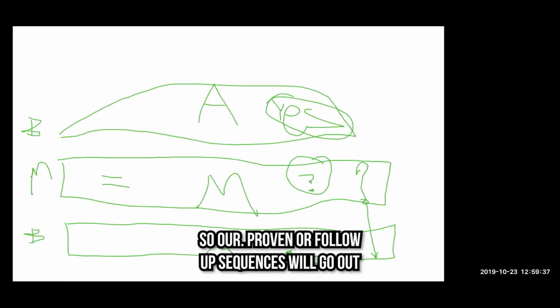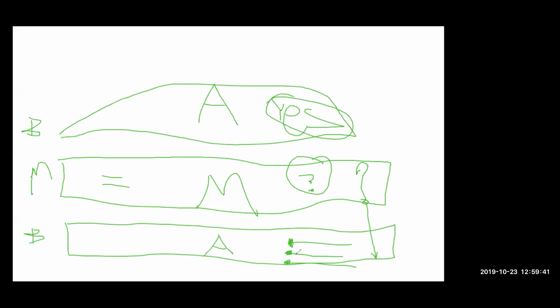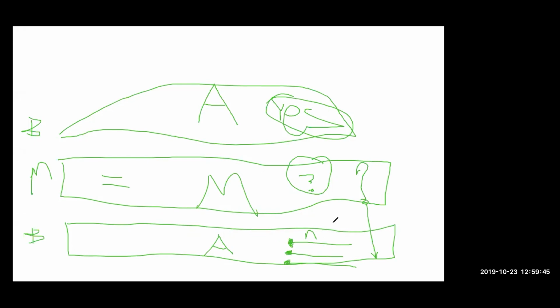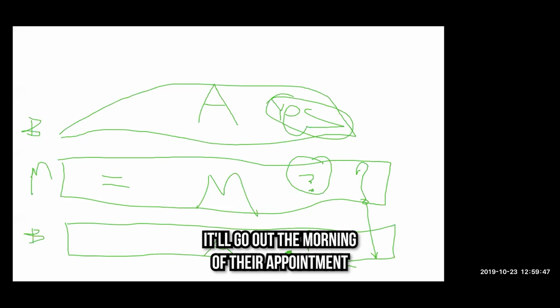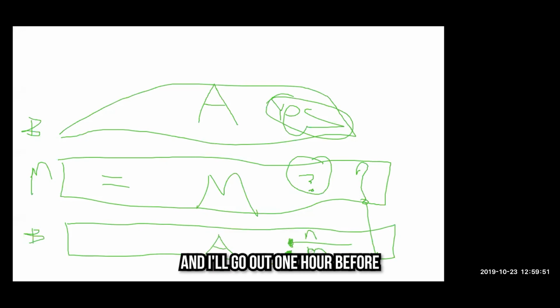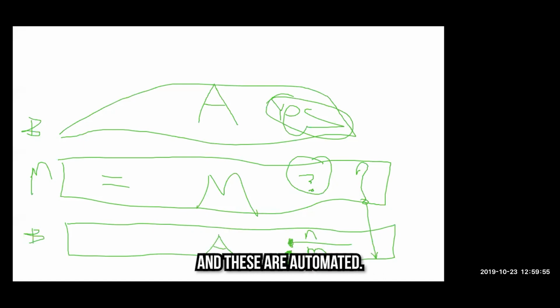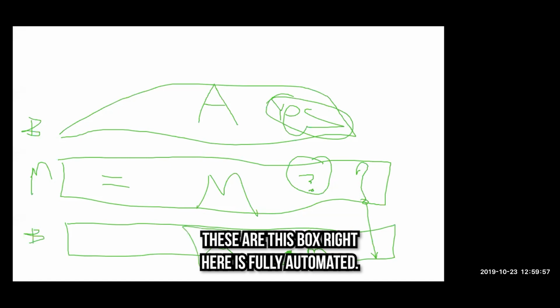So our proven follow-up sequences will go out the night before their appointment. It'll go out the morning of their appointment, and it'll go out 1 hour before they're supposed to show up to remind them to show up. And these are automated. This box right here is fully automated.